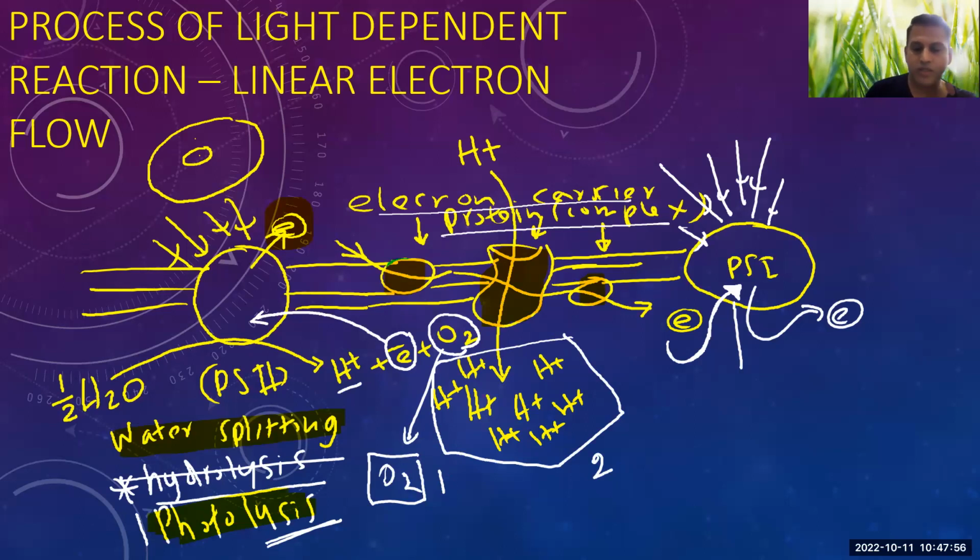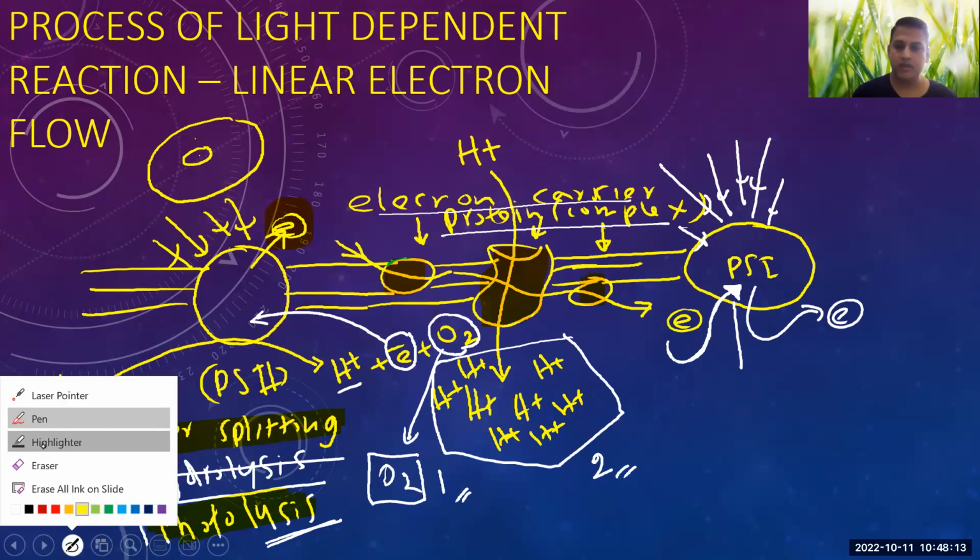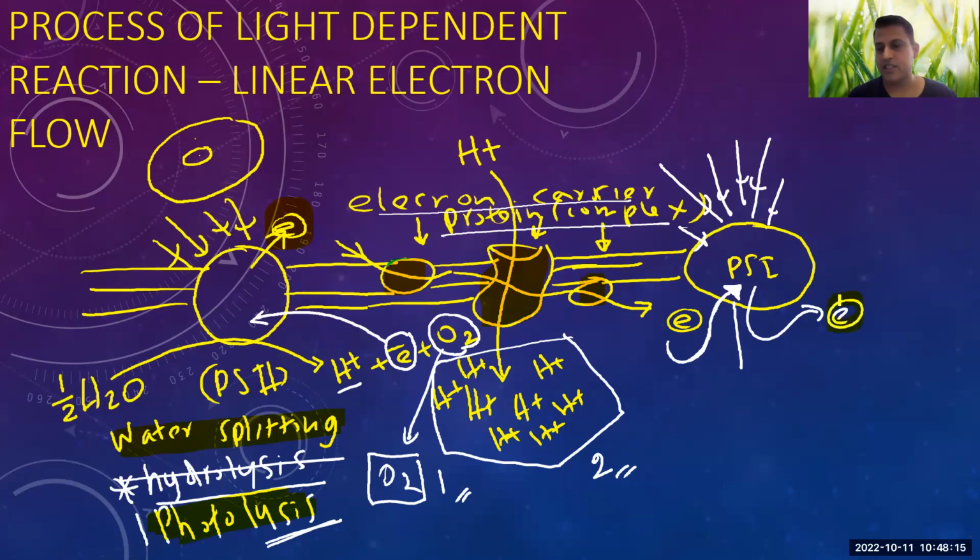PS2 produces oxygen and also pumps hydrogen ions in. Then we try to see what is the effect of PS1. What happened to the electron of PS1? This electron is again rich in energy. It is in a high state of energy.